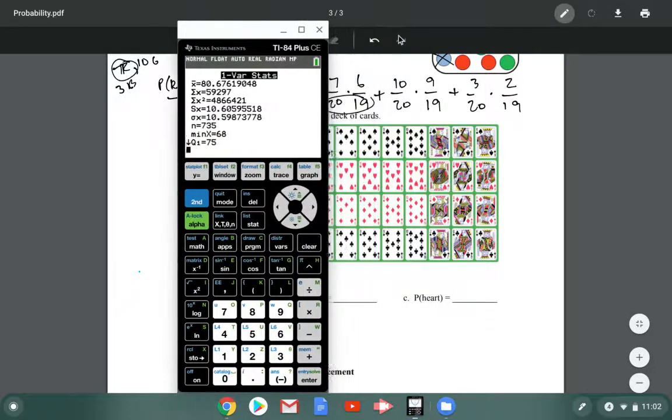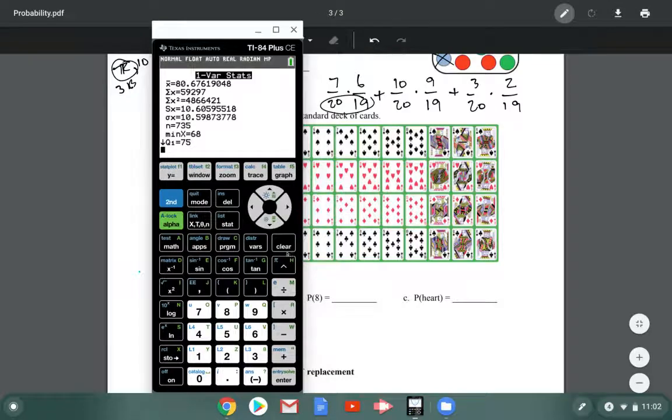So let me move my calculator over here so we can see everything, and then I'll clear what I've got here. So in the parentheses, I'm just going to put my numerator in. So that's going to be 7 times 6 plus 10 times 9 plus 3 times 2.